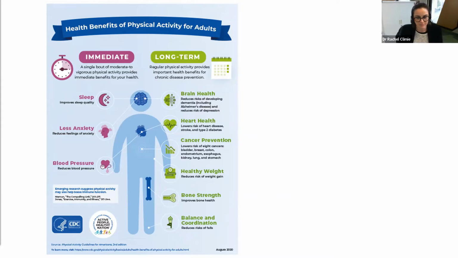It's beneficial for our bone and muscle strength. And it helps us to have a good night's sleep. And as well as that, I think probably one of the most important things is it helps us to manage our anxiety or our stress levels. So engaging in regular activity can actually make us feel a lot happier as well.